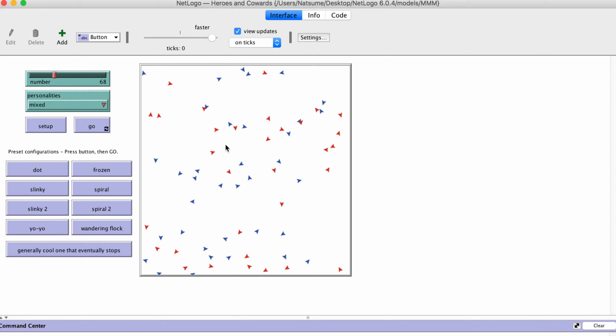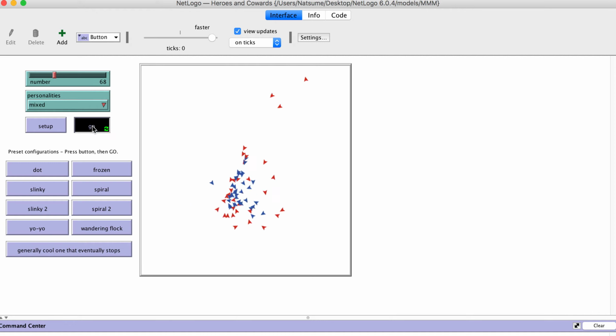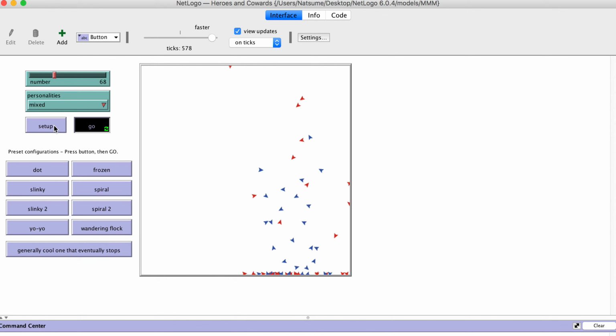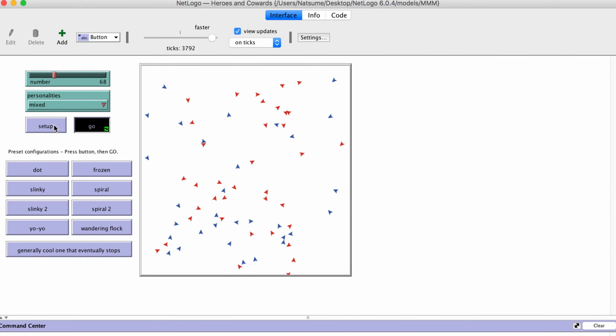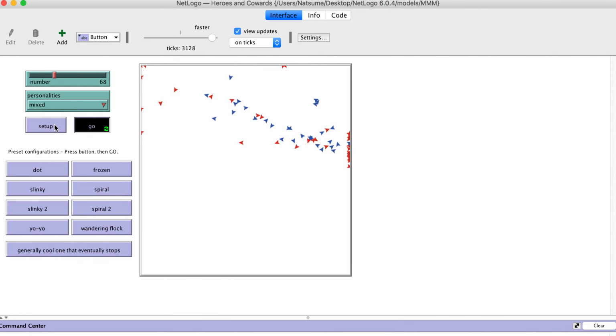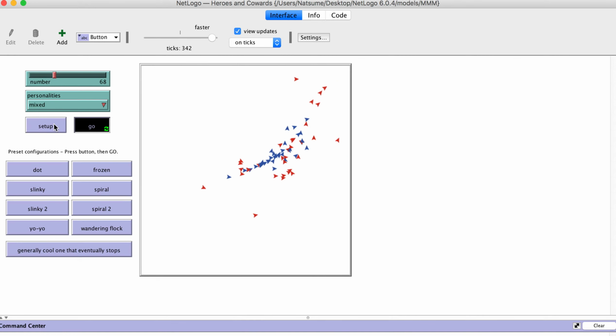So we have half the agents red and half blue. And then we can run the model again. Each time we set up, we get a different ending result. Why is that? That is because every time we set up, we have a different initial condition. So the final outcome becomes different.